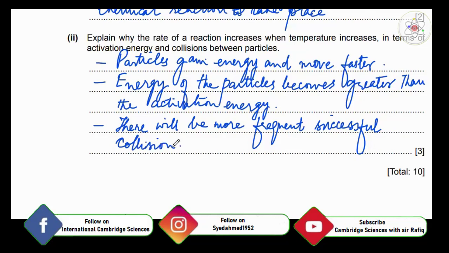So definitely more particles of the products or more products will be formed in a given period of time. All right, so these are the 3 valid points. You can get all the 3 marks.